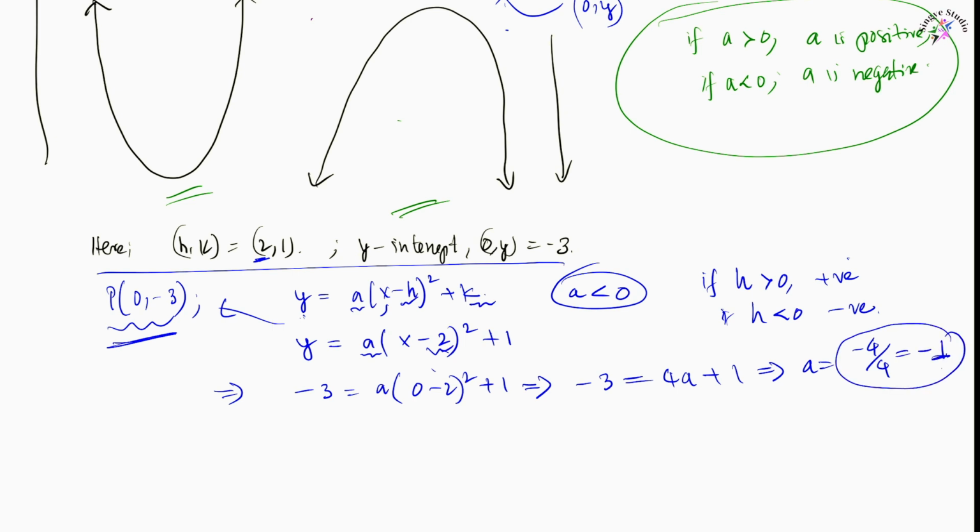So as this negative 1 is less than 0, it is negative, therefore we are getting the equation for the downward parabola that we have already discussed.